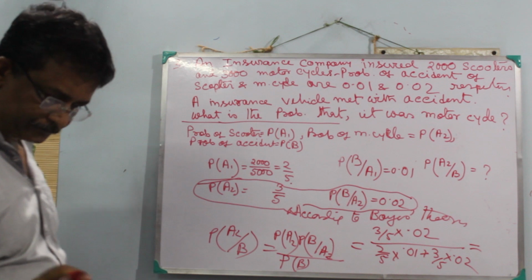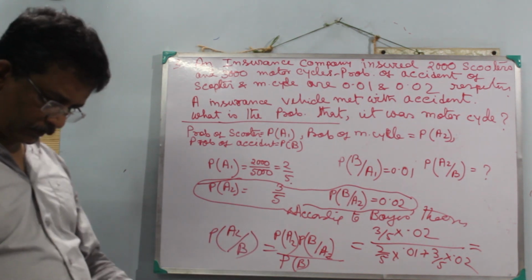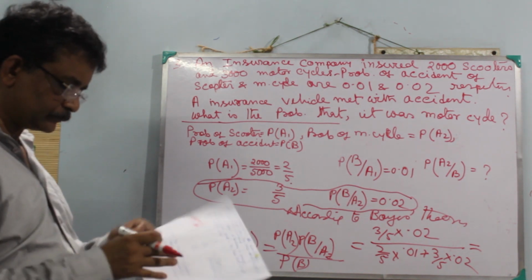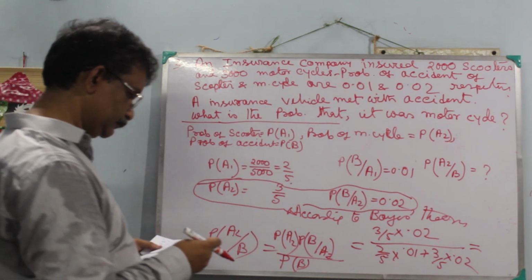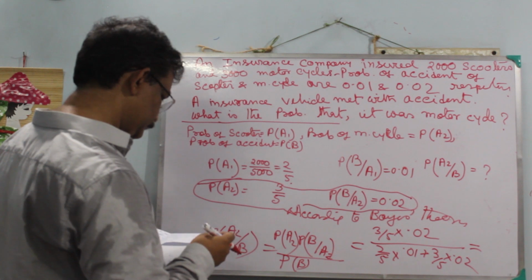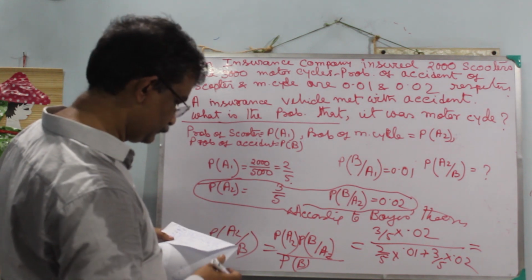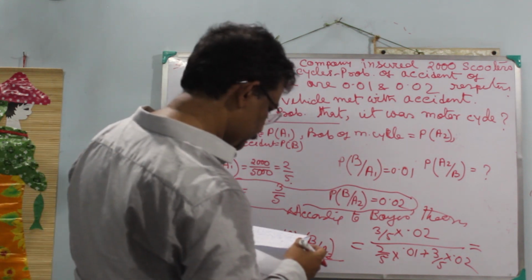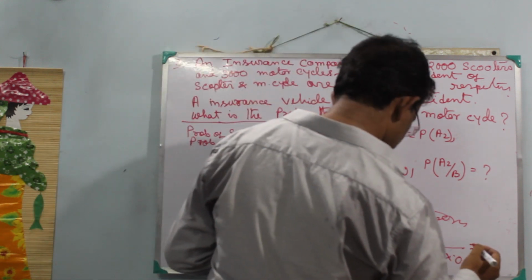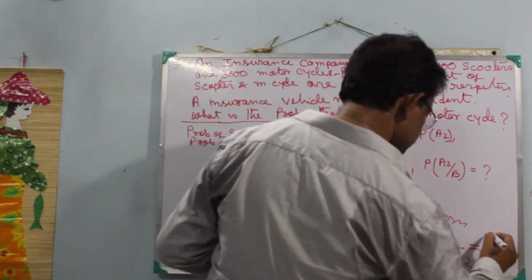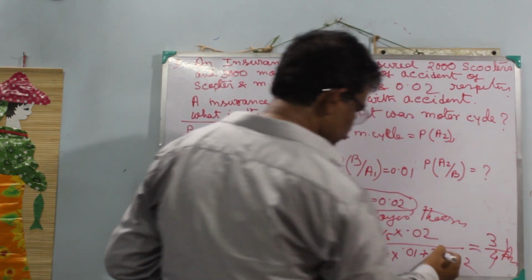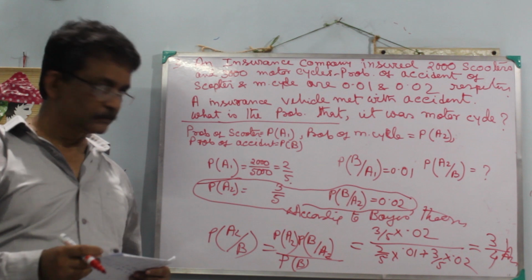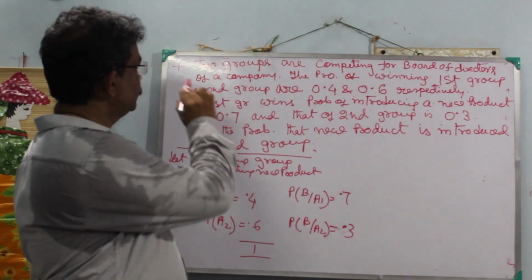So the answer is 3 by 4. You will be able to work it out. Clear? Fourth problem.